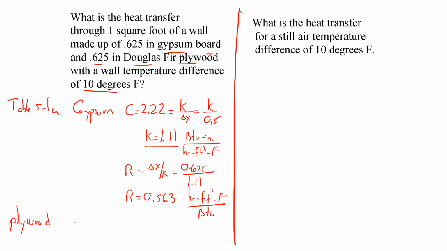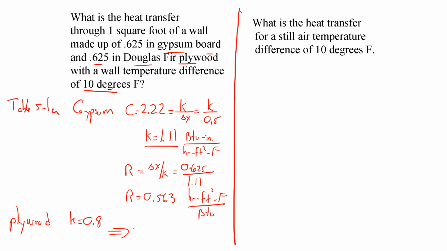For plywood, it has 1/4 inch, 3/8, 1/2, and 3/4. Ours is 5/8 inch thick. So I'm going to go to the 1, 2, 3, 4th entry on the table on page 122, and you can see that it doesn't give a thickness, but it does give us a conductivity for the entry without a thickness. It gives a conductivity of 0.8.